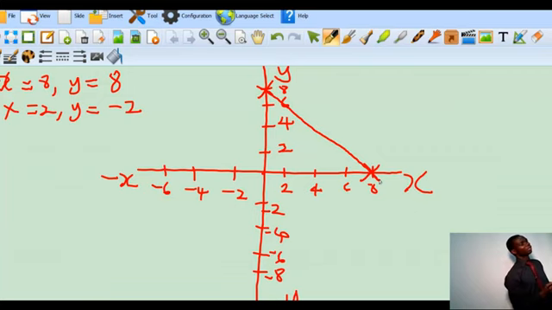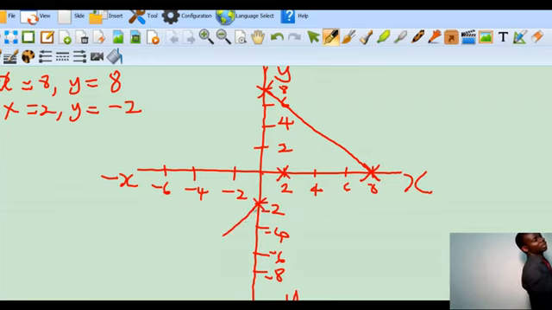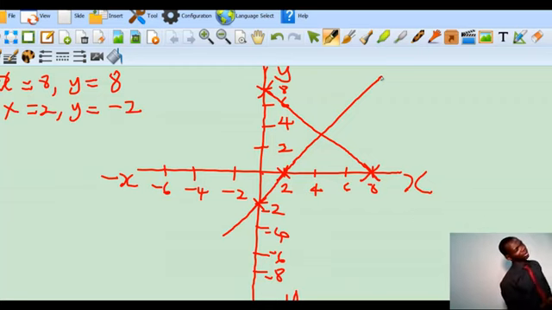Similarly, when x was 2, y was minus 2. What you need to do is to join these two points, and make sure that there's a point of intersection between the first graph and the second graph.